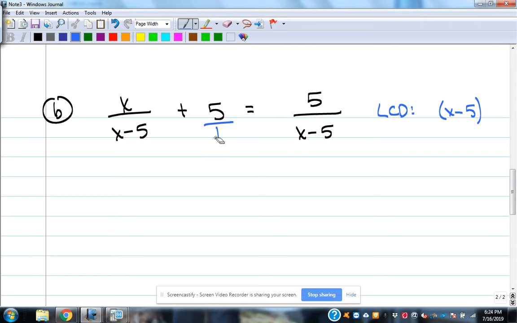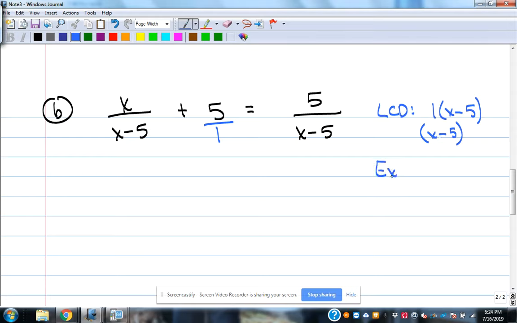It doesn't even have a weird number like a 4 or a 2. So what's 1 times x minus 5? It's just x minus 5, isn't it? 1 times whatever you multiply 1 times, it gets it back. So I've got an easy common denominator: x minus 5.